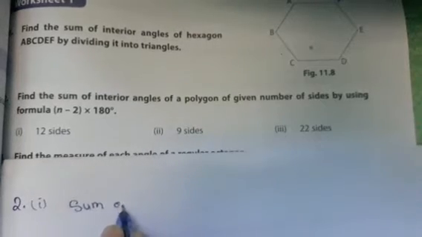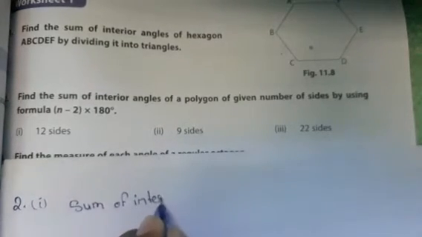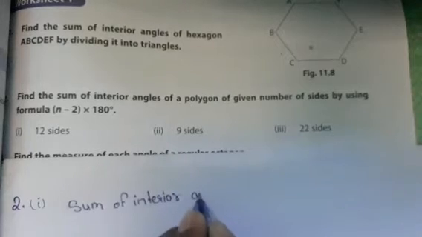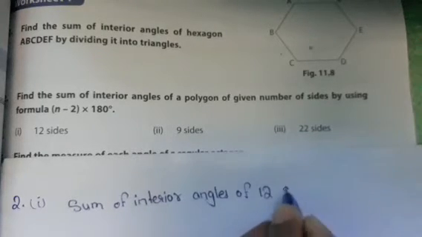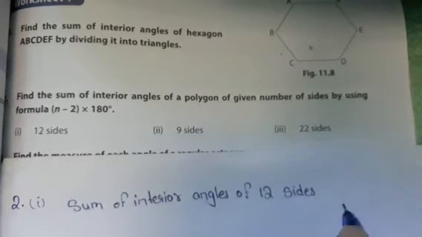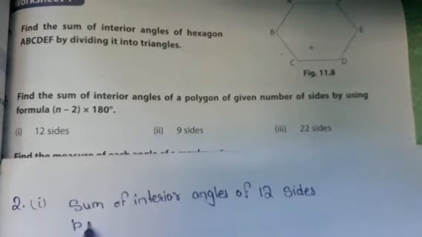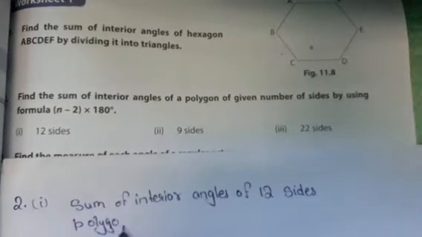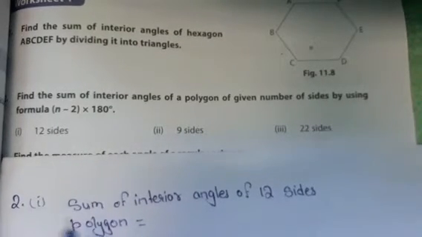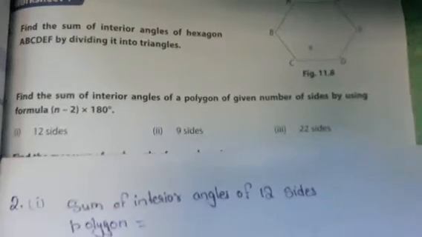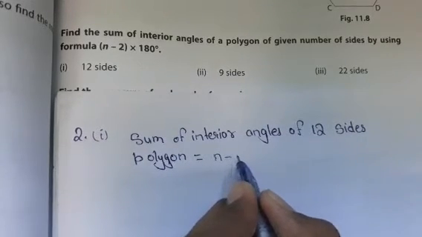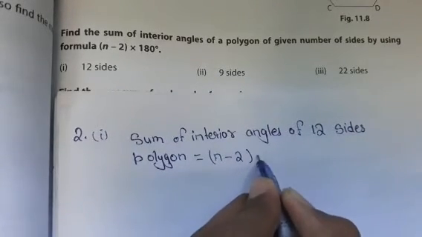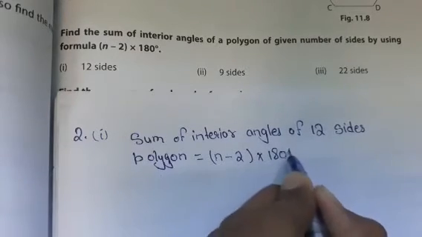Firstly we write: sum of interior angles of a 12 sides polygon is equal to, now put the formula, n minus 2 into 180 degrees.